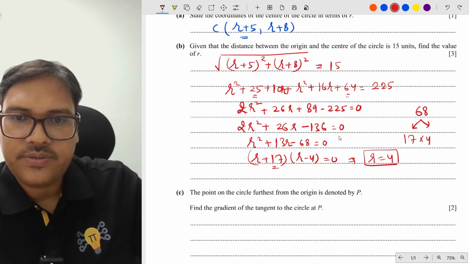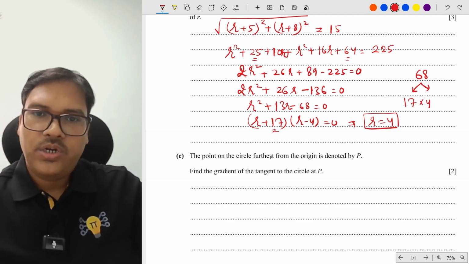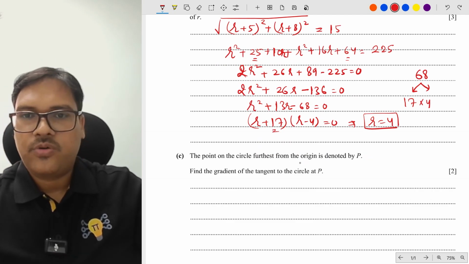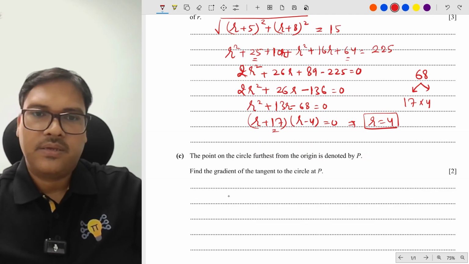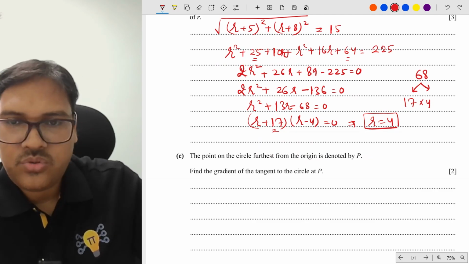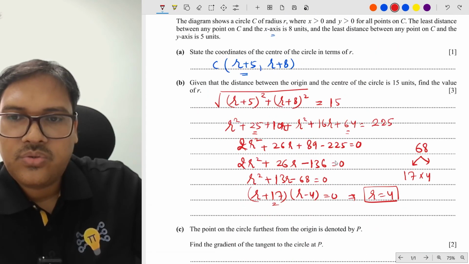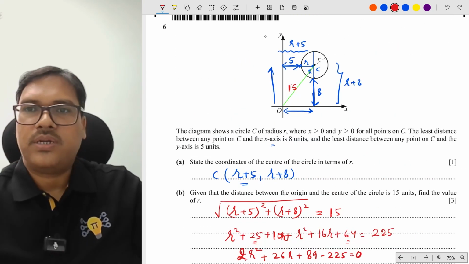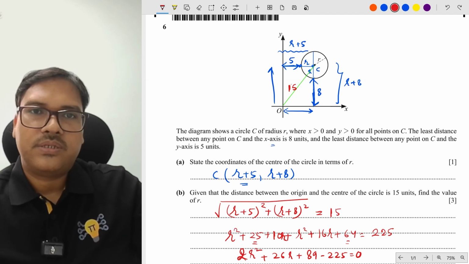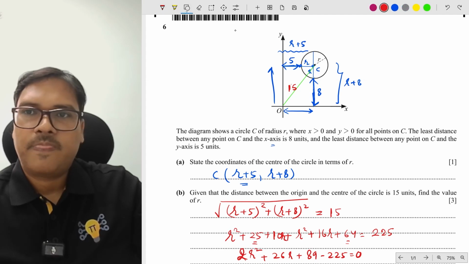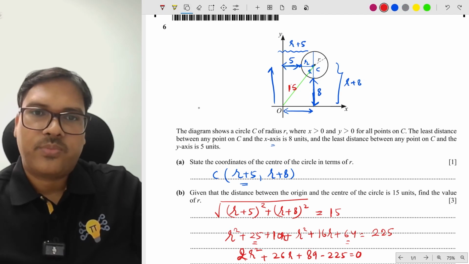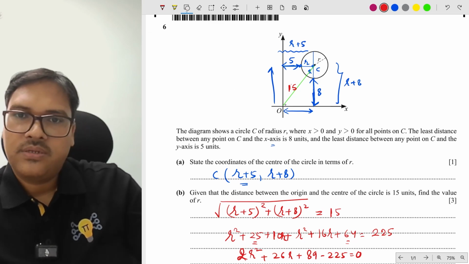Now, the next question. The point on the circle farthest from the origin is denoted by P. Find the gradient of the tangent to the circle at P. So the question is saying the farthest point on the circle from the origin. What is the farthest point from the origin?